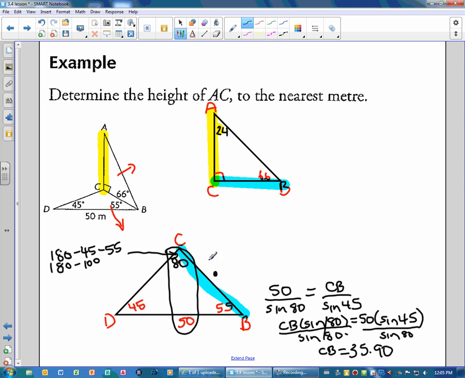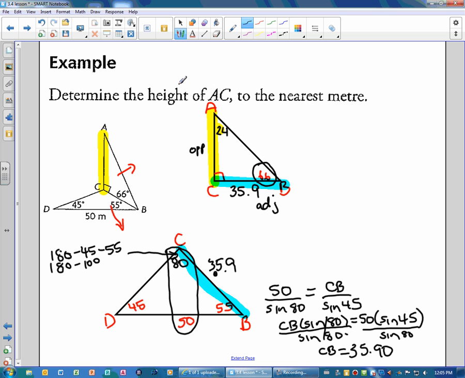But now that I know that this is 35.9, I can transfer that here. And now I have that. This is what I want to find, AC. I have a 90-degree angle, so I'm going to use a trig ratio. This is my reference angle. It's the one I was given, and so it's the one I want to use. Based on that angle, I could call this opposite. This 35.9 that I just calculated is adjacent.